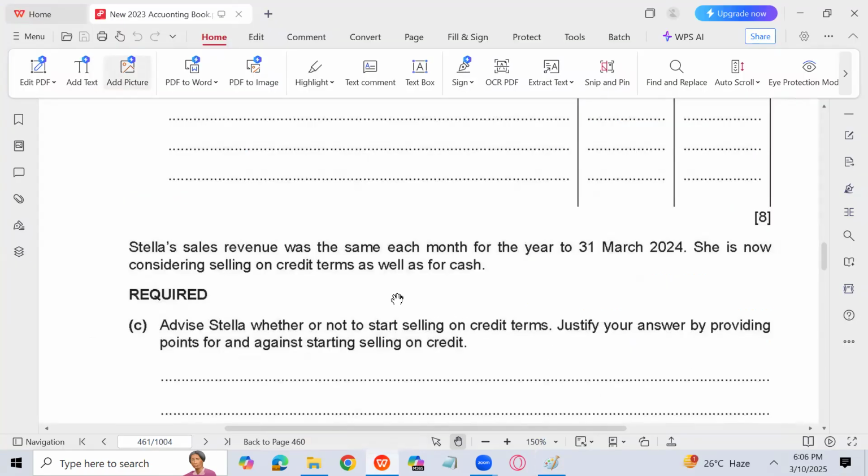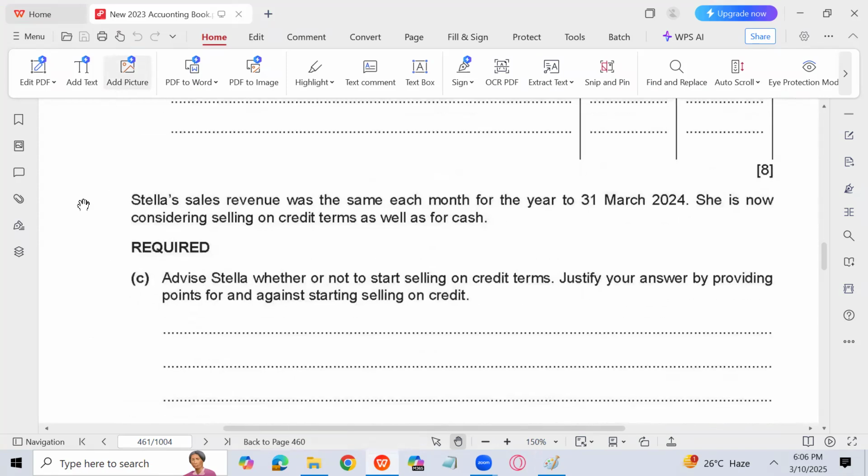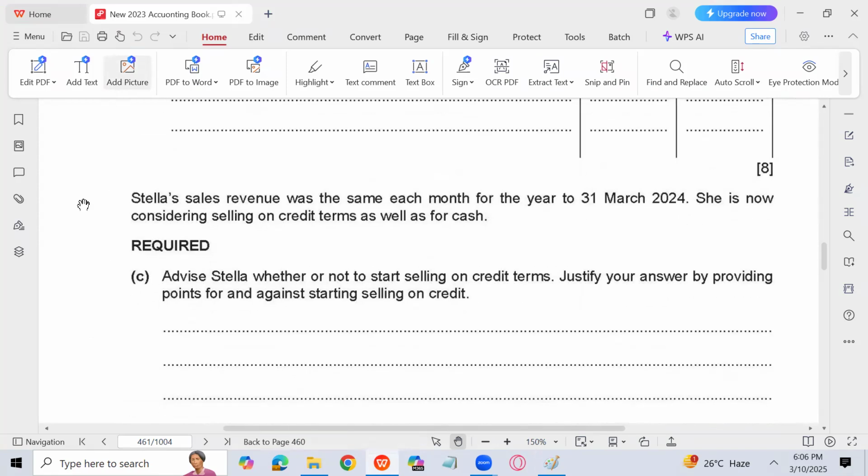But as the sales are the same for each month, for the year to 31st March 2024, I think we should start selling goods on credit also, right? There are two reasons behind this. Our customers are not increasing, even our cash customers are not increasing, because the sales revenue has not changed every month.